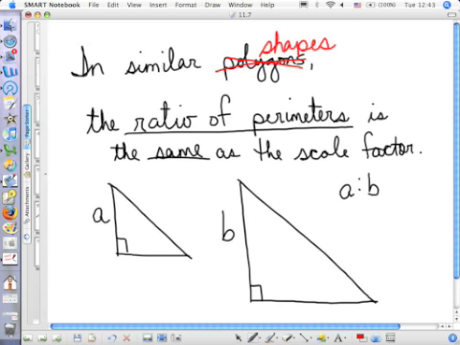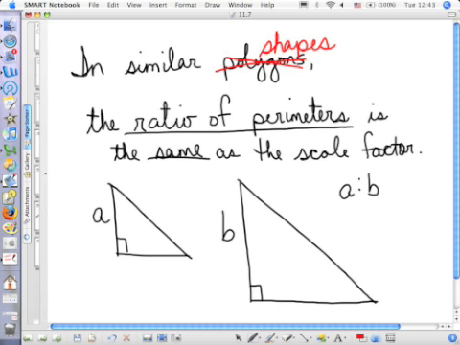The ratio of the perimeters of the two shapes is the same as the scale factor. And remember, your scale factor can be found by simply comparing two corresponding parts of the two shapes.